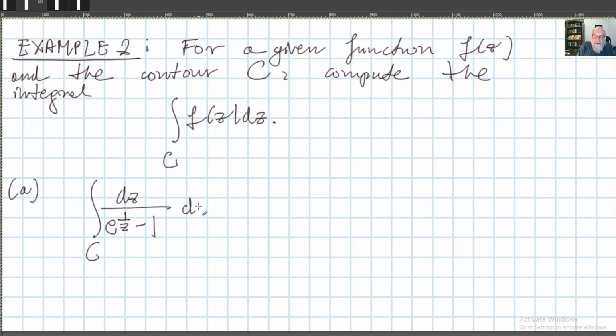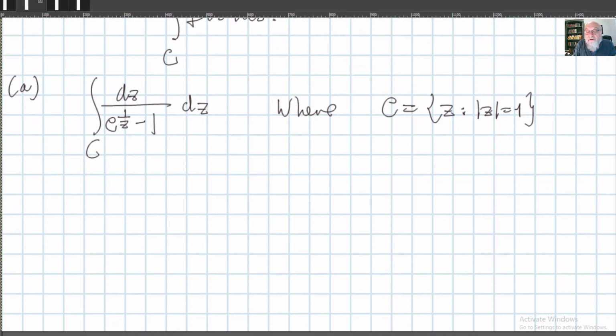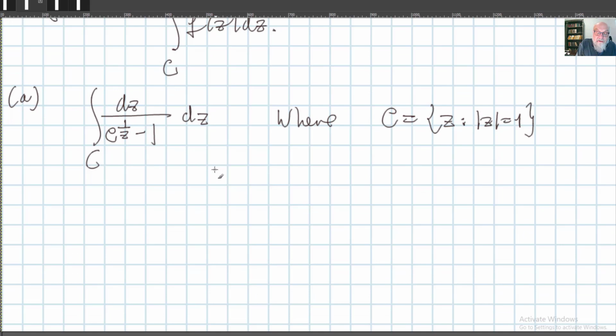That guy has a lot of singular points, infinitely many, where c is just the unit circle, so |z| equals 1. Okay, so let's find the singularities.